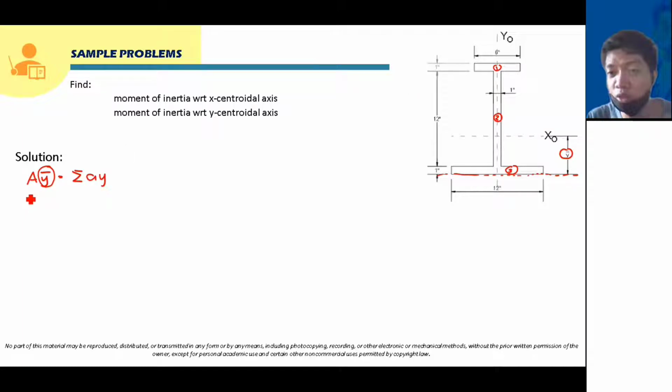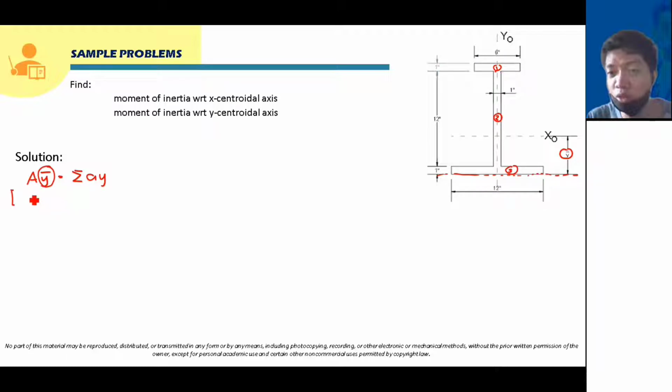Okay, so for the total area, we can just add area 1, area 2, and area 3. For area 1, let's write the area. This is just a rectangle, and the area of a rectangle is base times height. Its base is 6 and its height is 1.